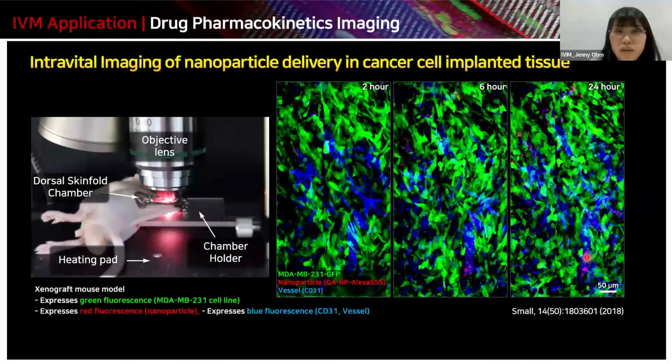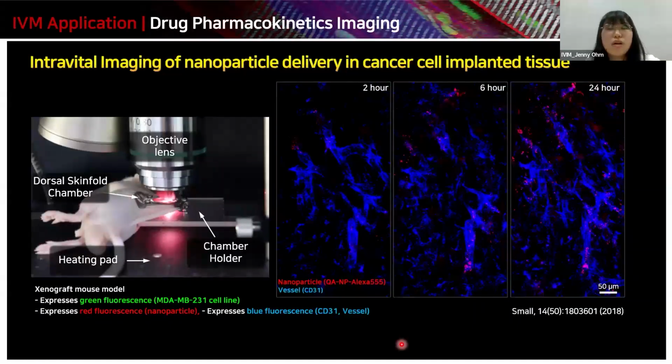And after we prepared this and created the breast cancer model, 1 week later, we intravenously administered a nanoparticle drug coated with a substance mimicking selectin ligands to see its distribution, and then imaged the same area at 2 hours, 6 hours, and 24 hours post-injection.